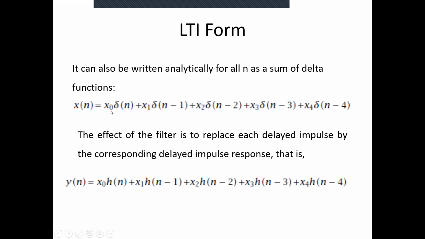Look, x of n becomes what? x naught delta of n, x1 delta of n minus 1, x2 delta of n minus 2, x3 delta of n minus 3, and x4 delta of n minus 4. Either using the matrix form representation, I mean single dimension, or we may use a set of delta functions to represent the input signal x of n.